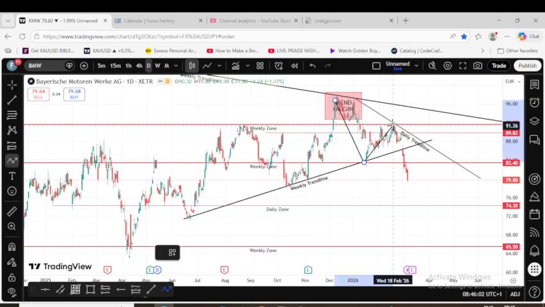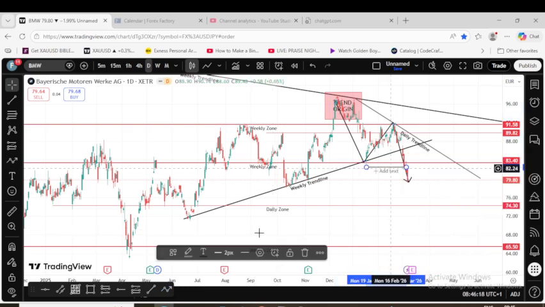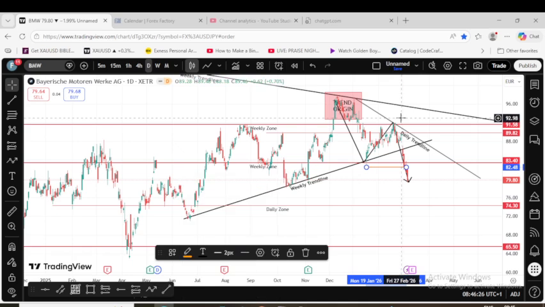So price is currently on an impulsive move. This is our swing. This is our lower low. This is our lower low. And this is our lower high.